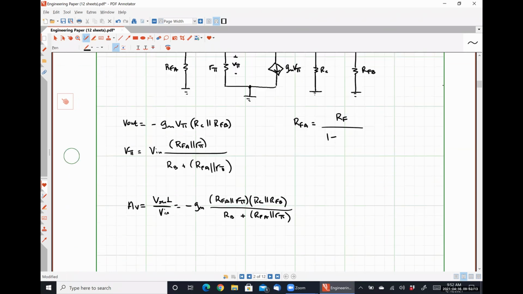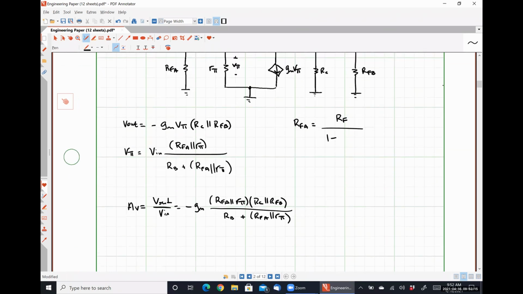So we'd have 1 minus negative gm R_C, which is 1 plus gm R_C. For R_FB, we're going to have R_F divided by 1 minus 1 over negative gm R_C.